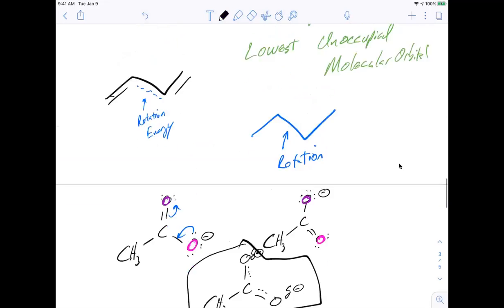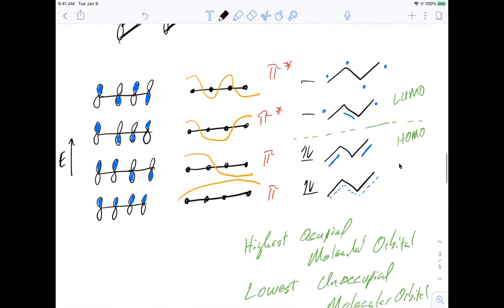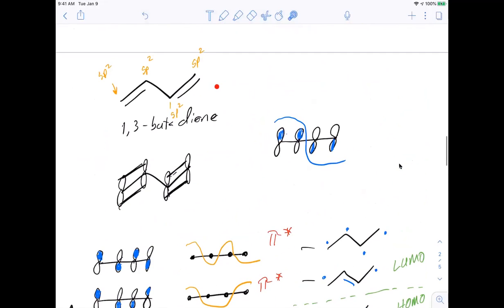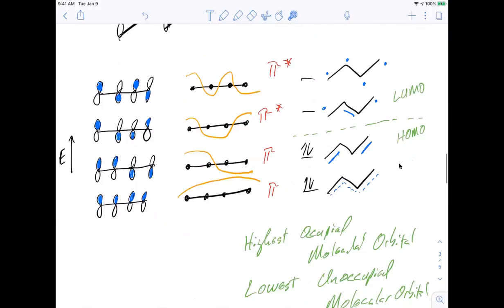What happens is because we have this combination of all of our bonding orbitals, what we usually show for the molecule is just one of the possible representations.